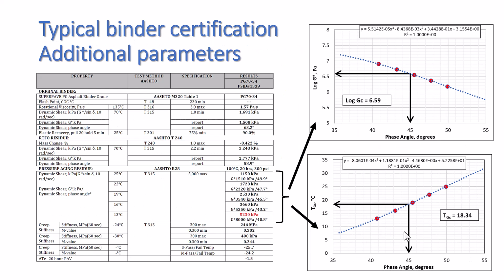So this is an example of how we might have a scheme to measure some of these parameters. This is a binder certificate. Again, this is one that was developed by Paragon Testing Services, just of a polymer modified binder. And you always have to report the G star and the phase angle in your results for G star times sine delta.